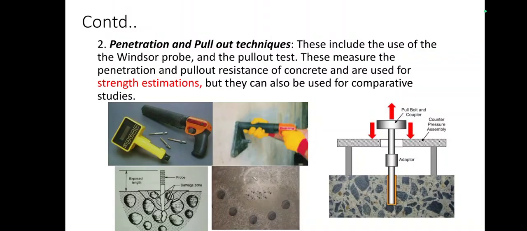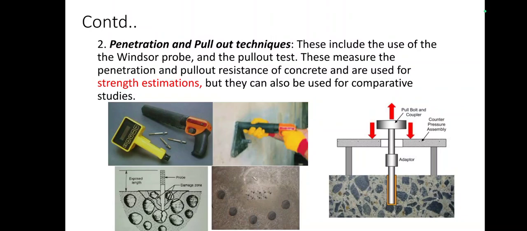And the second one is the penetration and pull out test. See, penetration means, you may know about the gun. In a gun, if a bullet is shot, based on its force, if the surface it is hitting is very strong, the depth of penetration will be somewhat less.